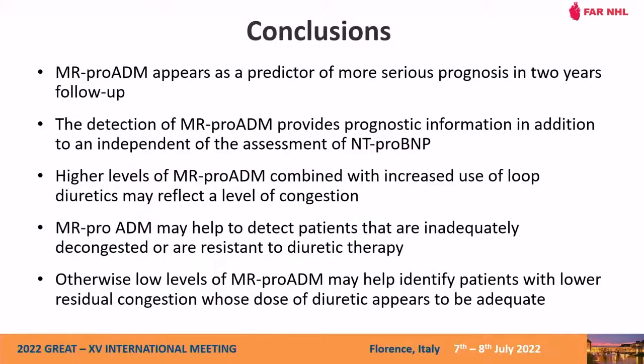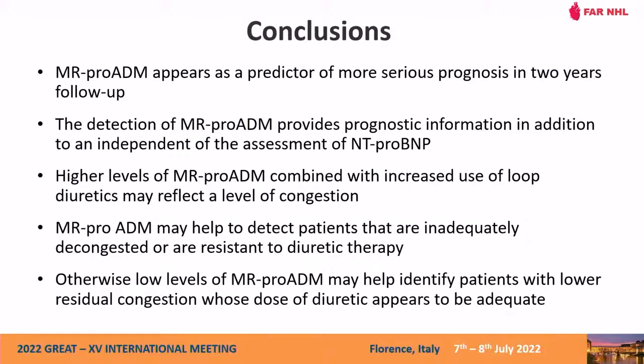So to conclude, mid-regional proadrenomedullin appears as a predictor of more serious prognosis in the 2-year follow-up in patients with systolic chronic heart failure. The detection of mid-regional proadrenomedullin provides prognostic information in addition to, and independent of, the assessment of NT-proBNP.